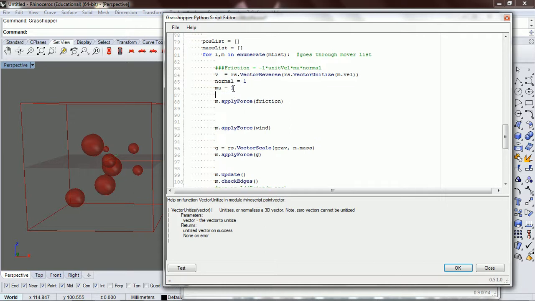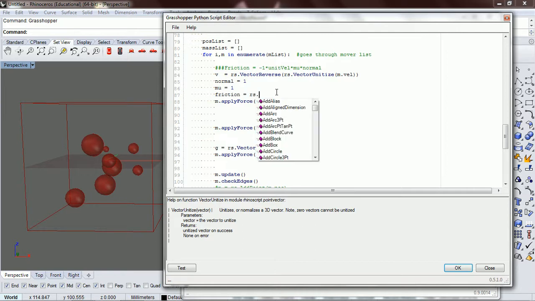Okay, so now that we have those two, we are going to get our friction, and the way that we're going to do that is we're going to take this velocity and scale it by this magnitude, these two. So we'll multiply these together and use that to scale this.